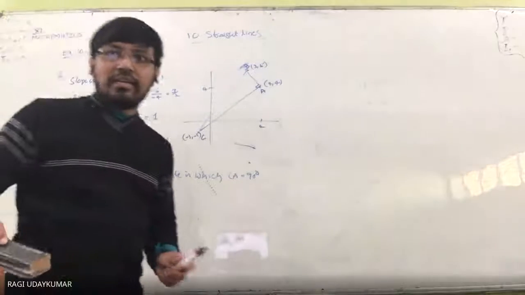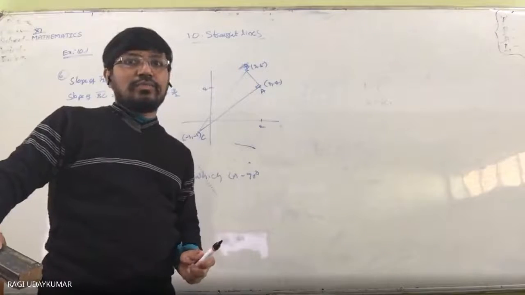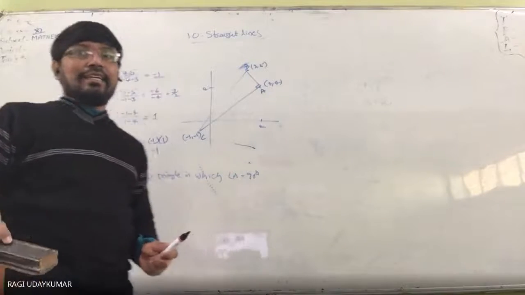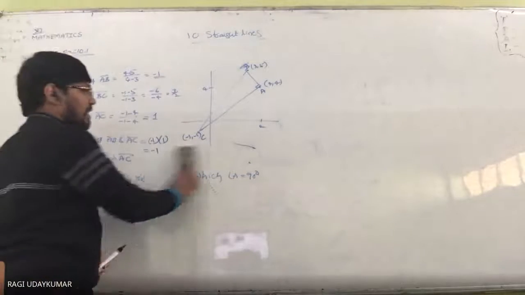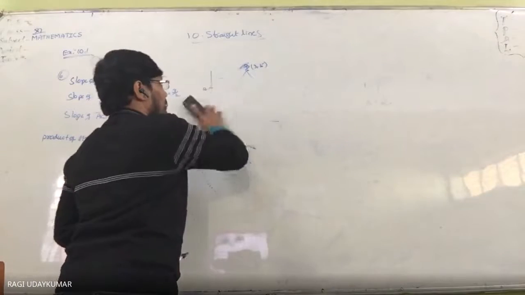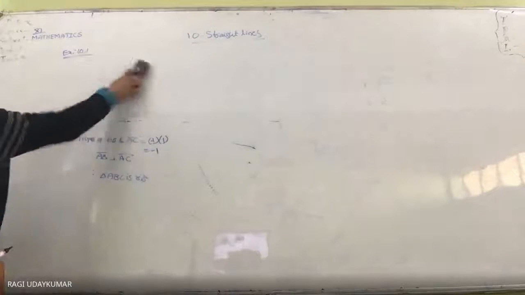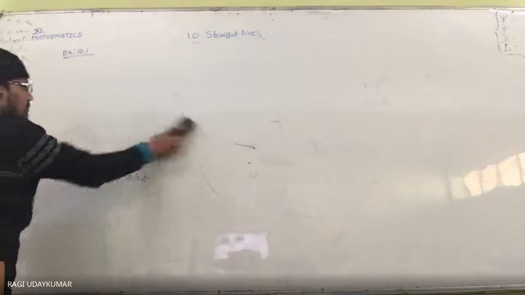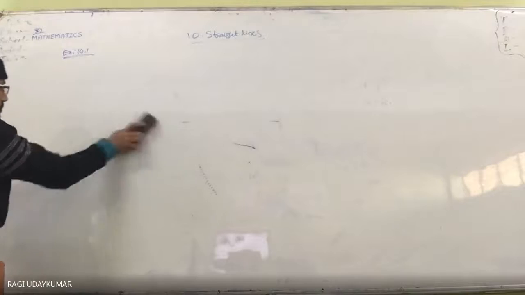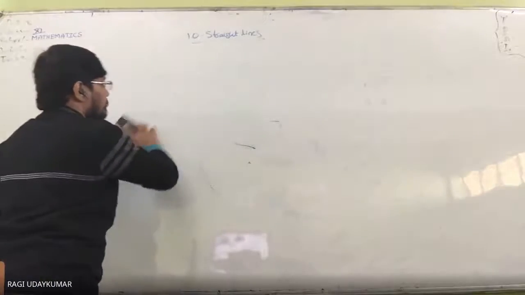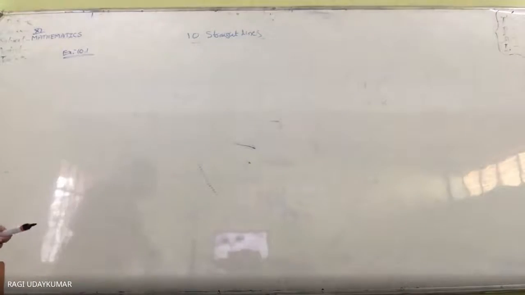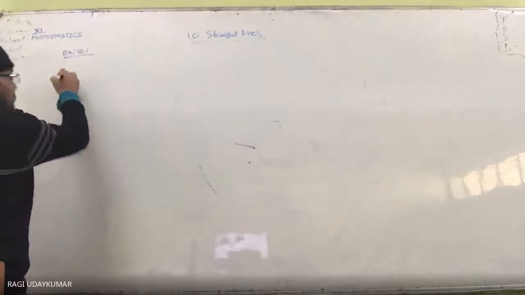Find the slope of the line which makes an angle of 30 degrees with the positive direction of the y-axis in anti-clockwise direction. So be careful about this question. Very interesting question. What is the question given here?